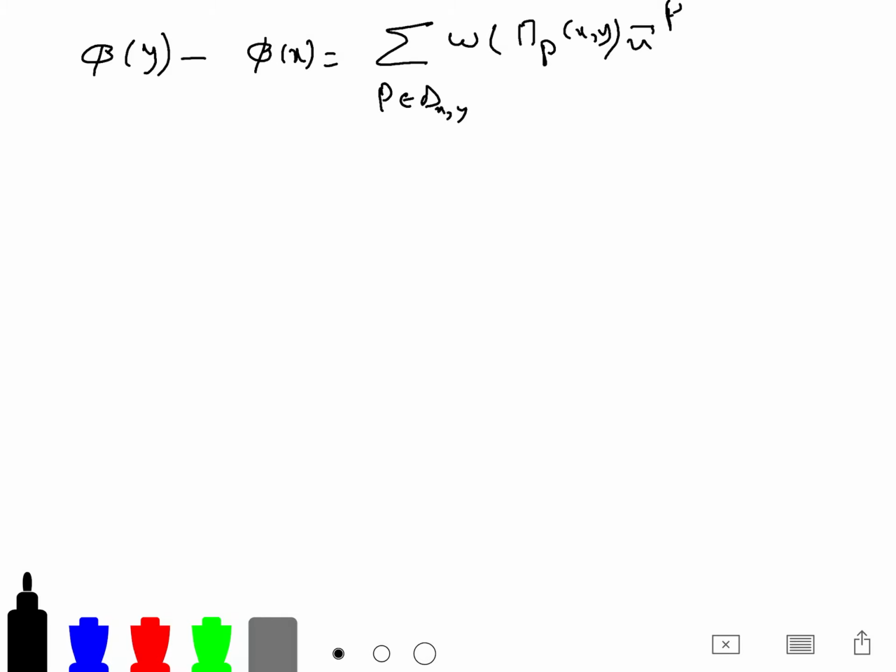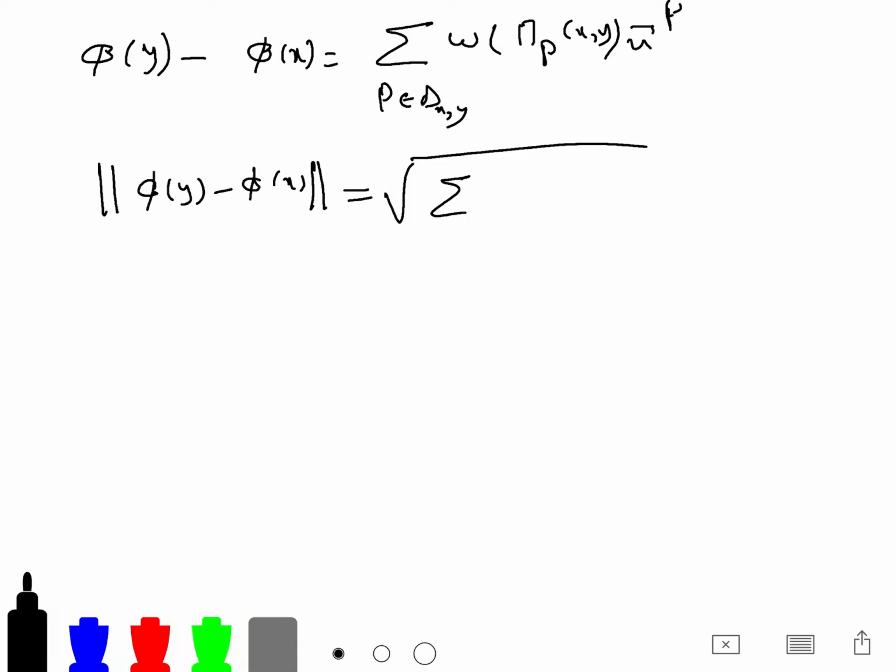So if you calculate phi of y minus phi of x, as I did before, it is just the square root of the sum of the weights of the path between x and y squared.